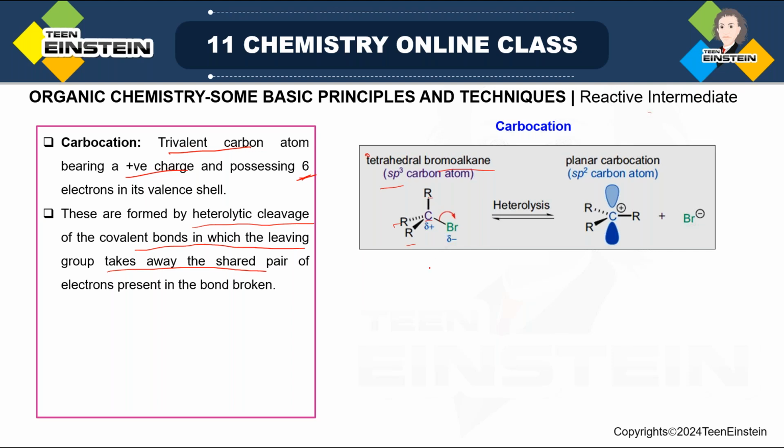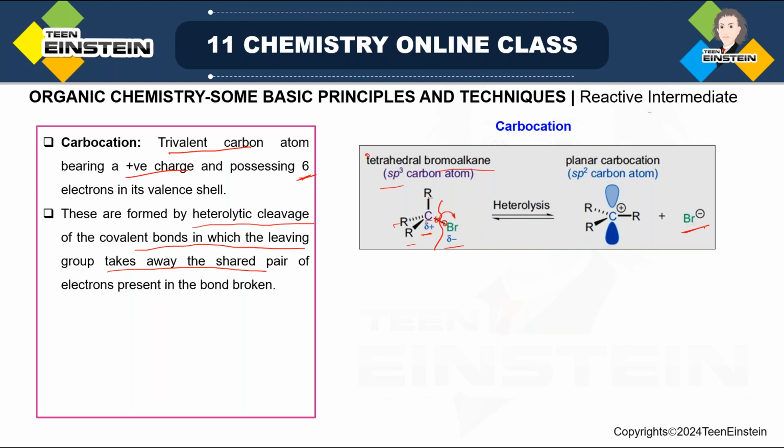Now, if we are considering heterolysis of this bond, initially when the bond is not fully broken, you can see some delta plus charge, delta negative charge, and this type of sign means partial separation of charge. Now, bromine is more electronegative, so obviously negative charge will be closer towards bromine, right? And when the bond is fully broken, bromine will take both the electrons with it. It will now be a bromide ion.